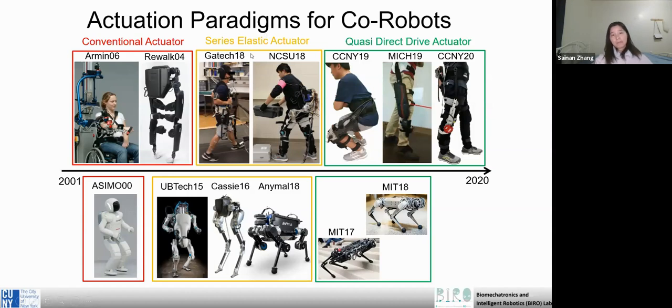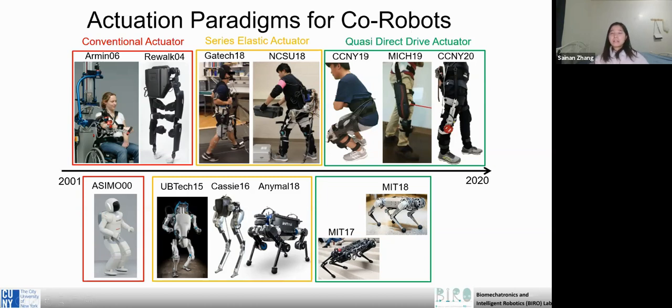At the end of the last century, scientists developed the series elastic actuator, but in the recent 10 years it has been used in robots and become very popular, like Valkyrie and Cassie, the leg robot ANYmal, and some exoskeletons.